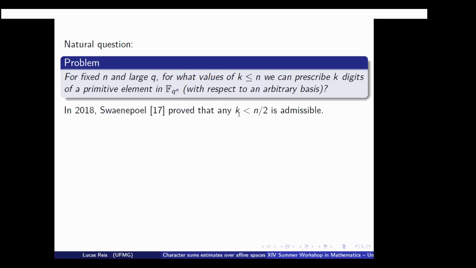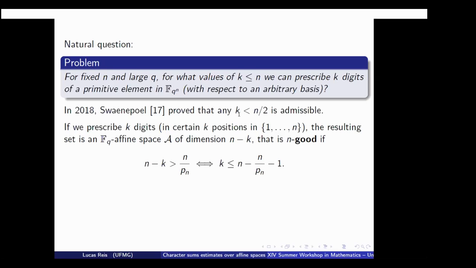So if we pre-assign half of the digits in any order, any digits prescribed, we can always find a primitive element. But now we can take this problem and move to the context of affine spaces. Observe that if we prescribe k digits in certain k positions from 1 to n, the resulting set is an F_q affine space of dimension n minus k.